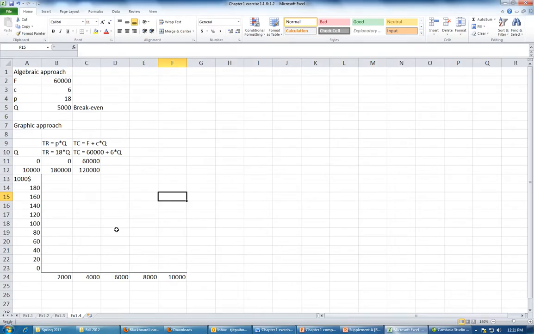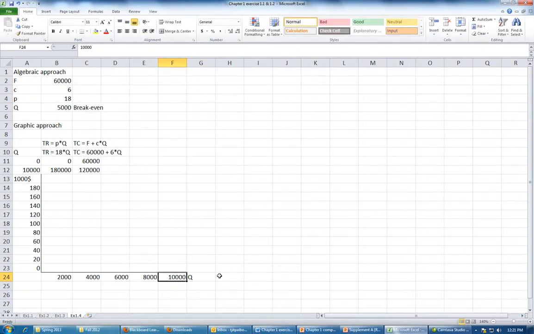So we are going to try to draw a chart. In this chart, we'll have the total cost as the y-axis, each with a $1,000 unit from 0 to 180,000, and the x-axis is going to be the quantity.